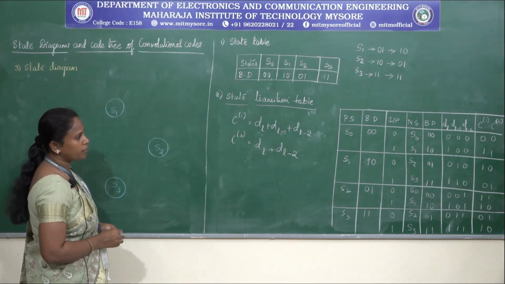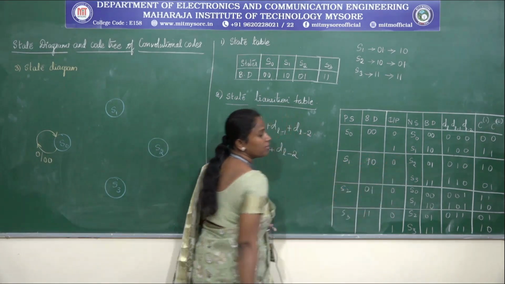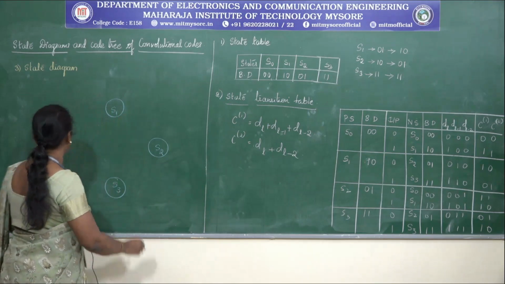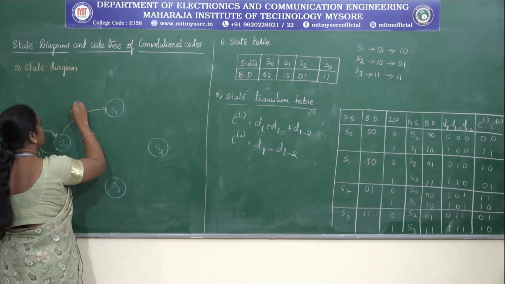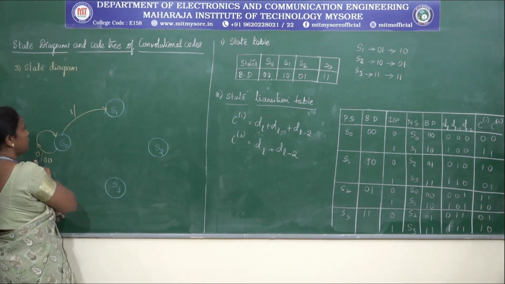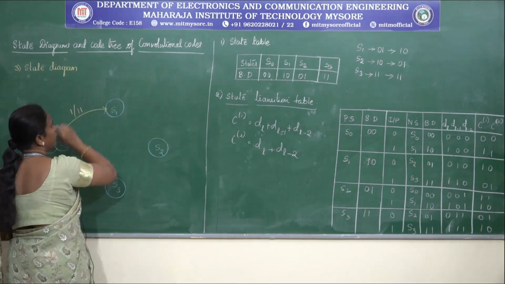Now when you input 1, what is the next state? The next state is S1. That means it makes a transition from S0 to S1 when the input changes from 0 to 1. For input 1, the output is 1 1.